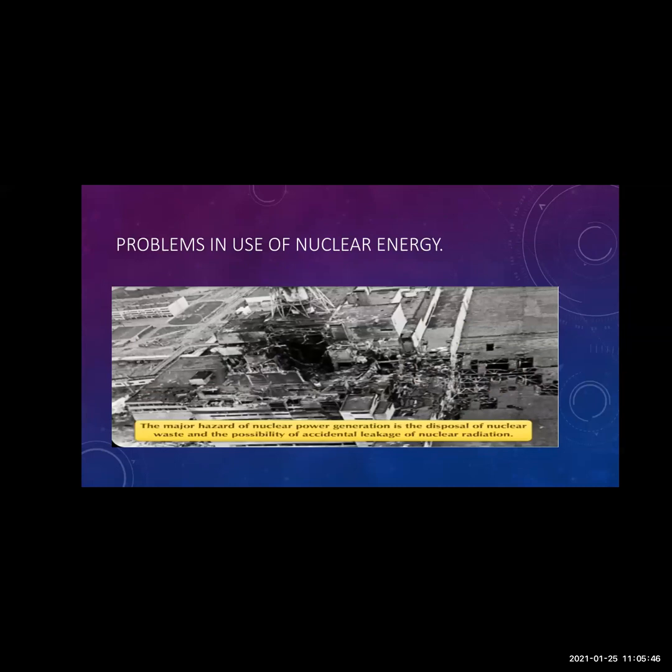Considering all these points, we can say that energy generation from fossil fuels and nuclear fuels is costly. Now let's move to the next topic.